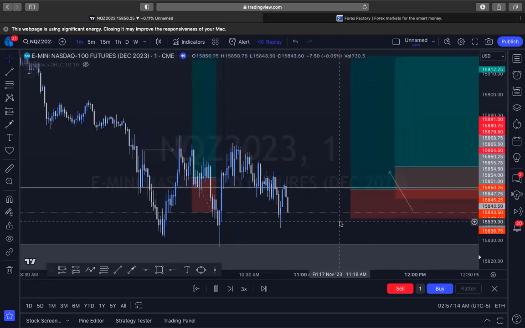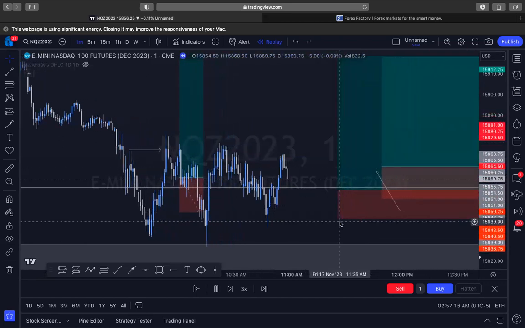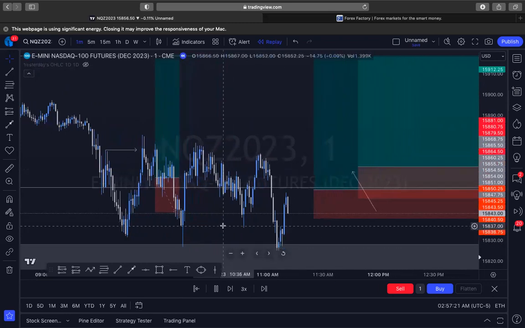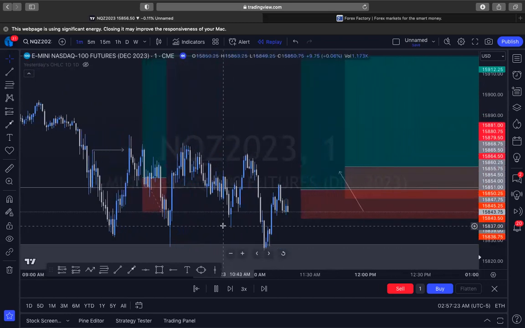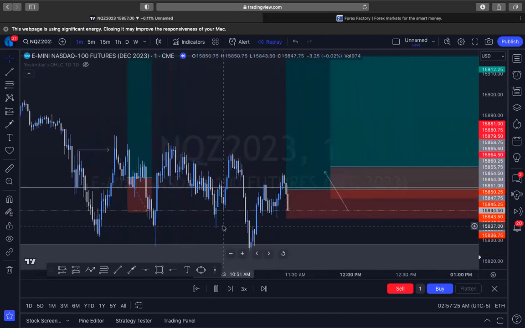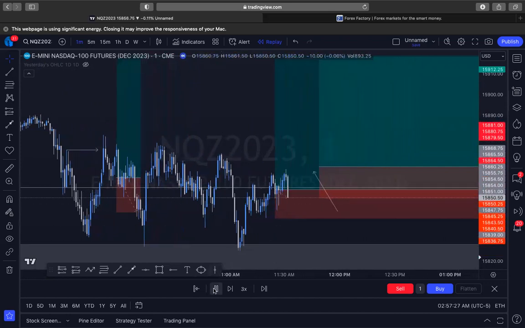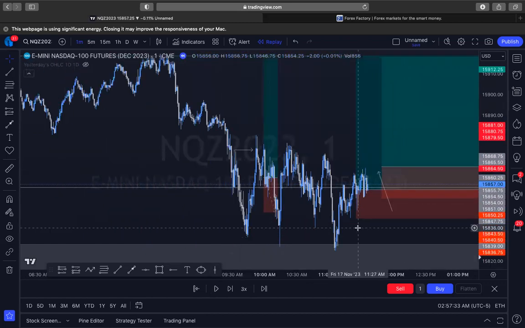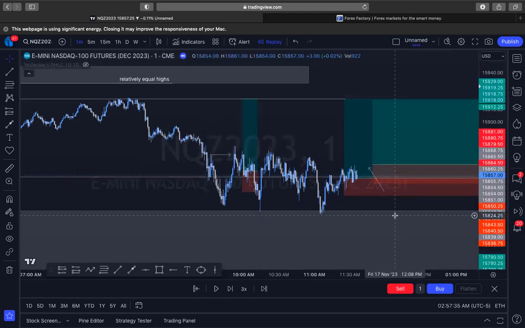And for these entries that were a little bit closer to lunchtime, there's different time macros that we can go over later in another video and why I trade the times that I trade. But lunchtime also is a good time macro for you to see some sort of stops or liquidity runs. Right.